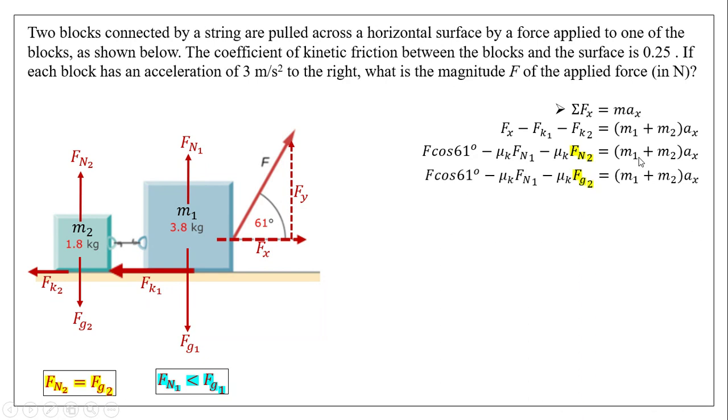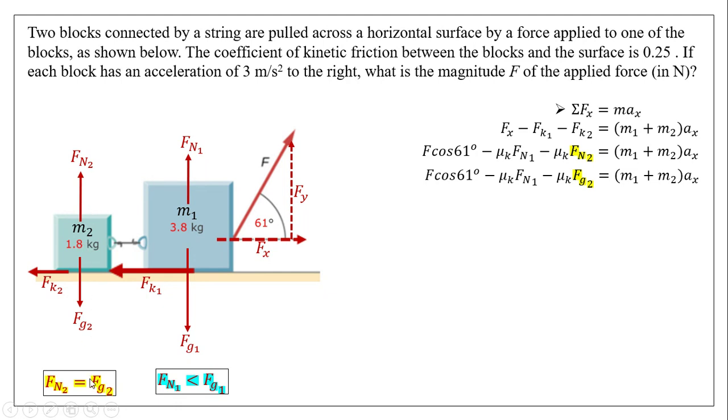In this case, let's trickle it down. The first substitution I want to do, so it doesn't confuse you, is Fn2. If you look at this diagram, Fn2 is pointing upward, and as I stated earlier, for m2, Fn is pointing up and Fg is pointing down. They have to equal in magnitude because there are no additional vertical components.